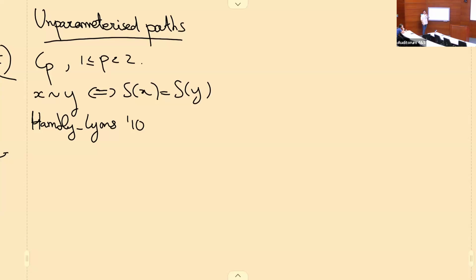We have already two examples that I've mentioned before: reparameterization and translations. What they've done is that they've identified a more general class of reparameterizations that I will not discuss in this talk or in this mini course that ensures this equivalence.